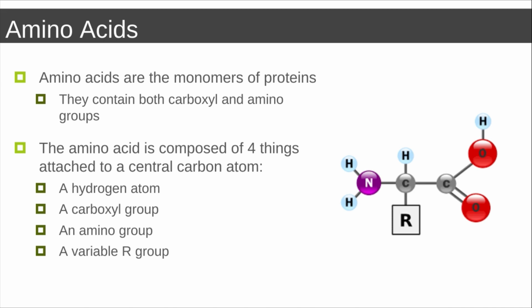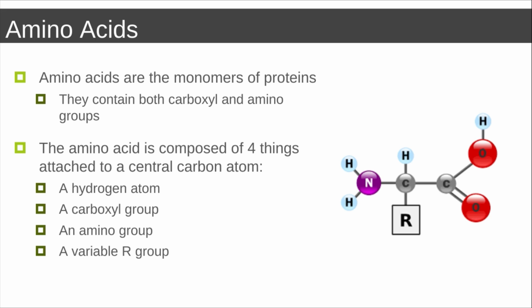Next, let's talk about amino acids. Like I mentioned before, they are the monomers of proteins, and they contain both carboxyl and amino groups. In this diagram, there's a central carbon atom, and everything is attached to it, on all four sides. To your left, that's the carboxyl group because it's double bonded to an oxygen atom and bonded to an OH. That's a functional group, carboxyl, and there are more functional groups out there, but that's a whole different topic.